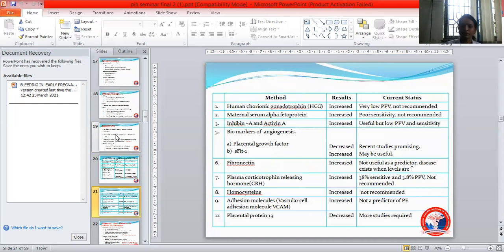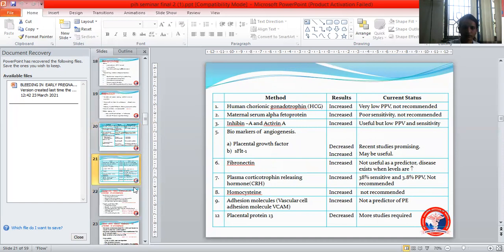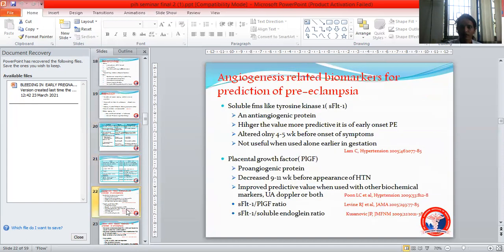But some factors like placental growth factor, sFLT1 and placental protein 13 are all decreased in patients who are at a higher risk of developing preeclampsia. So since there is no effective way of prediction, we can only anticipate in patients with risk factors.